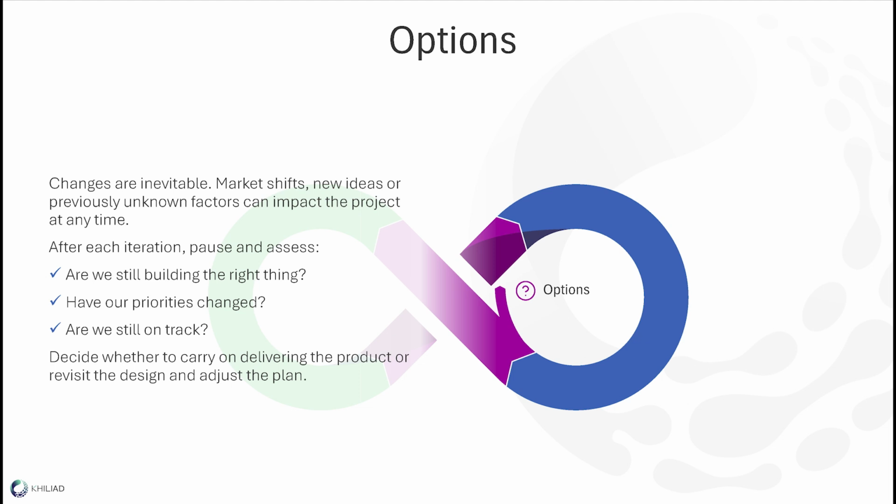So can we start the next iteration, or do we need to go back? And if we need to go back, we go back to the left part. We go through all those 4 steps of understanding, observing, defining, and then creating the idea, and back to development.